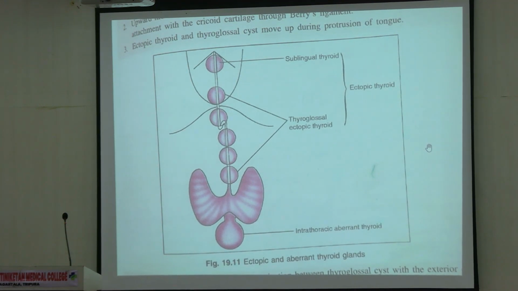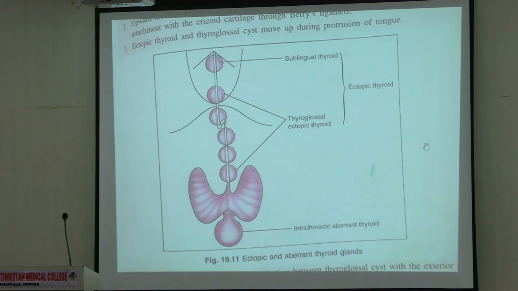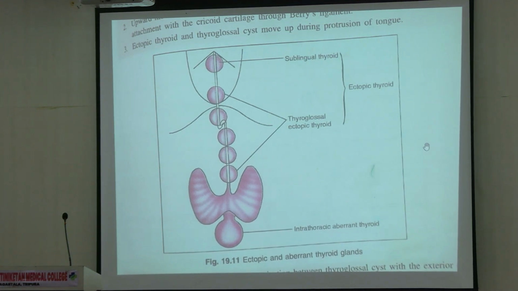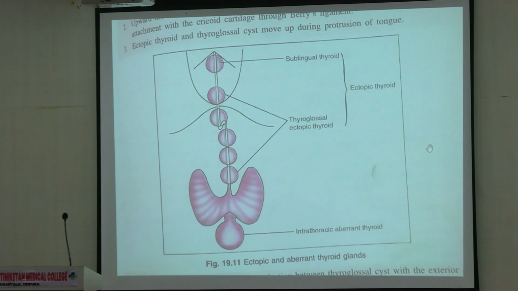Now, how will you distinguish whether it is a lymph node or a thyroglossal cyst? By one single clinical test you can distinguish them. What is that? Thyroglossal means it is connected with the tongue.